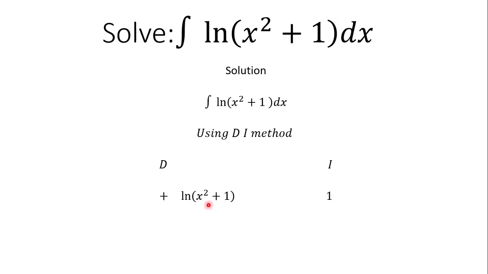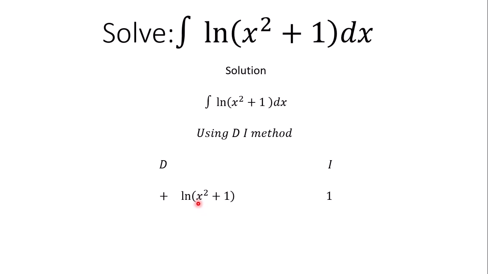Okay, here when you differentiate this one, first differentiate what is inside the bracket here, that is x squared plus 1. Ideally if you want to differentiate something of this nature, you use the chain rule.